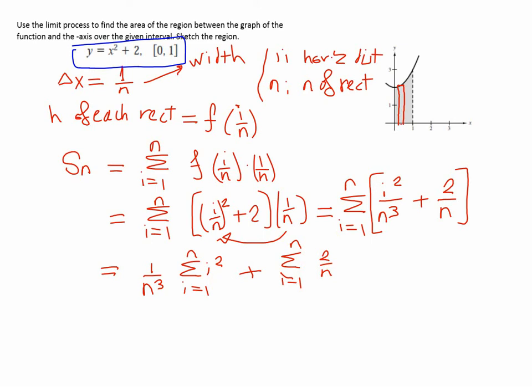What about the other part? It will be 1 over n cubed. Do you remember sigma i squared? It is n times n plus 1, times 2n plus 1, all over 6. Right? Plus, what is the sigma of this part? It's 2 over n multiplied by n. Constant times n.